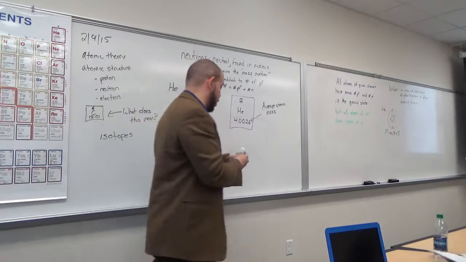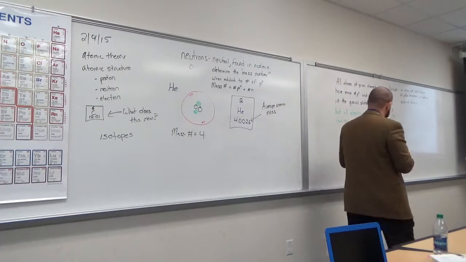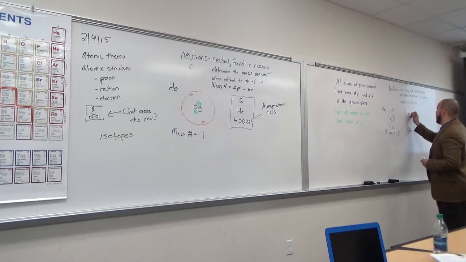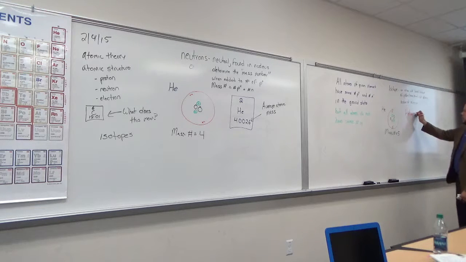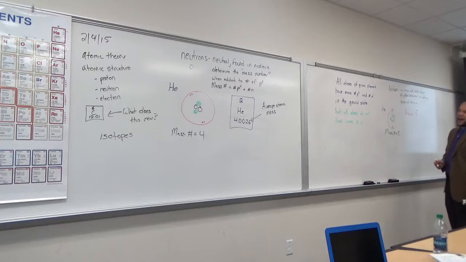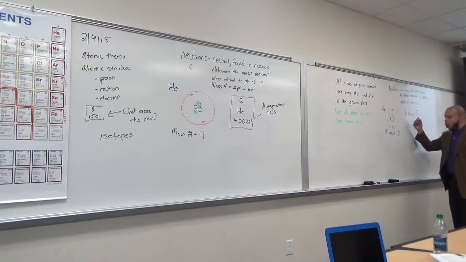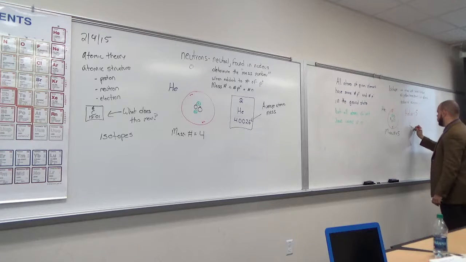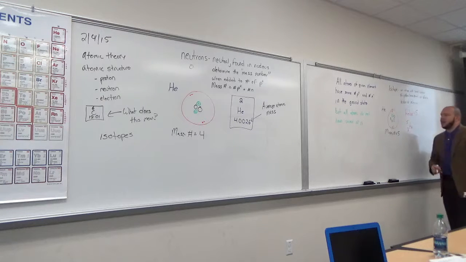Well, first thing, there's a couple different ways to write this. You write the word helium out, and then you write the mass number. That's helium-5. Or you could write the chemical symbol, the mass number, and the atomic number, like this.